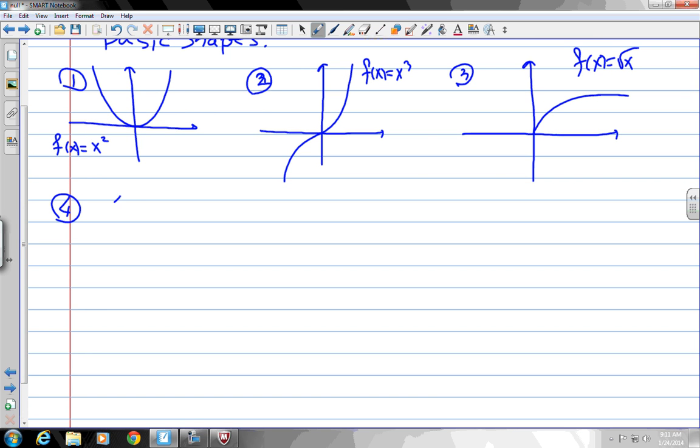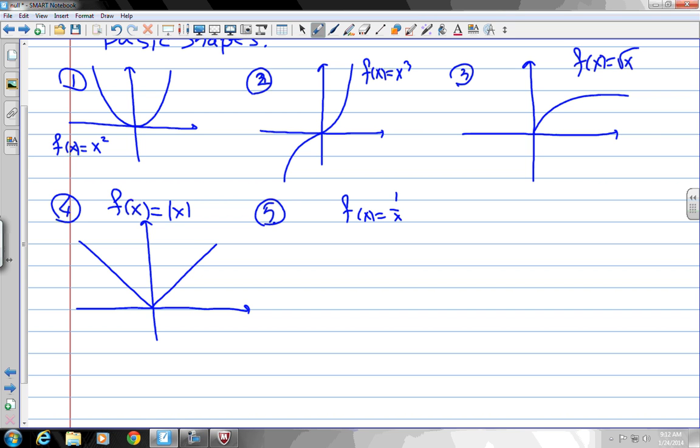The absolute value function. We already talked about that. The graph is a letter V. You have two lines, negative x and positive x, meeting at the origin. One over x is something you should be familiar with. The graph of one over x is something like that.